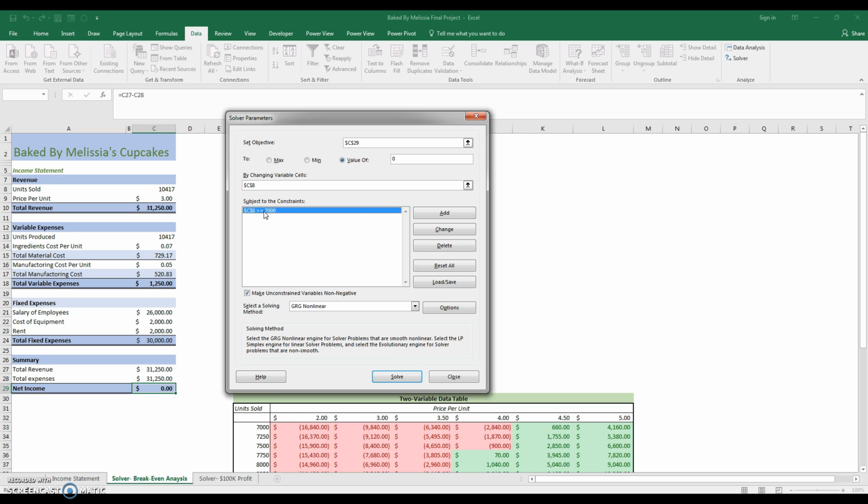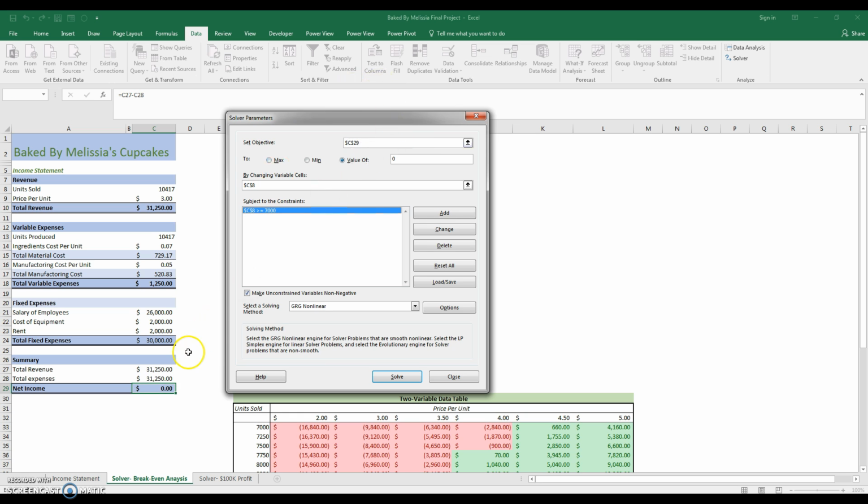The reason I chose 7,000 is because, like I said before, we always create our ingredients in bulk, and the minimum amount of cupcakes we make per day is 7,000. I want to put that constraint because we never make less than 7,000, because if we make any less than 7,000, we'll be closed for business.